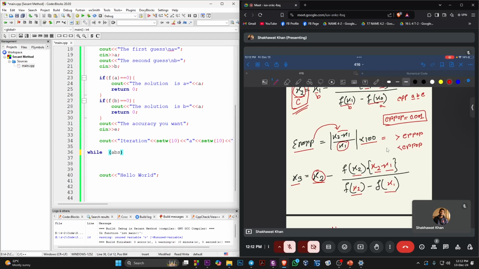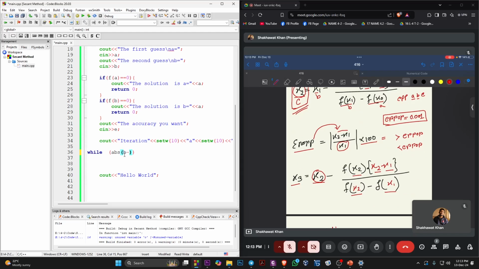If my guesses are greater than error, then we have to do this second method to do this iteration process. So I have to first disclose this condition in my while loop. I'm just disclosing this error here, that is error absolute value.